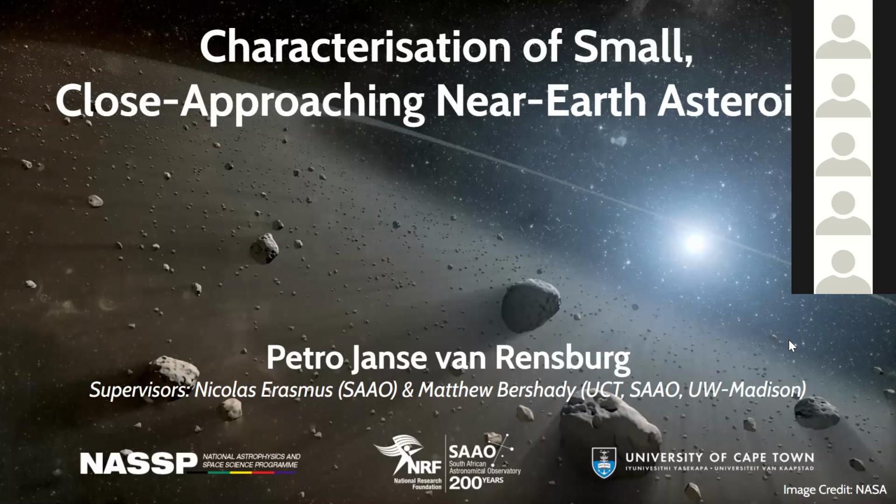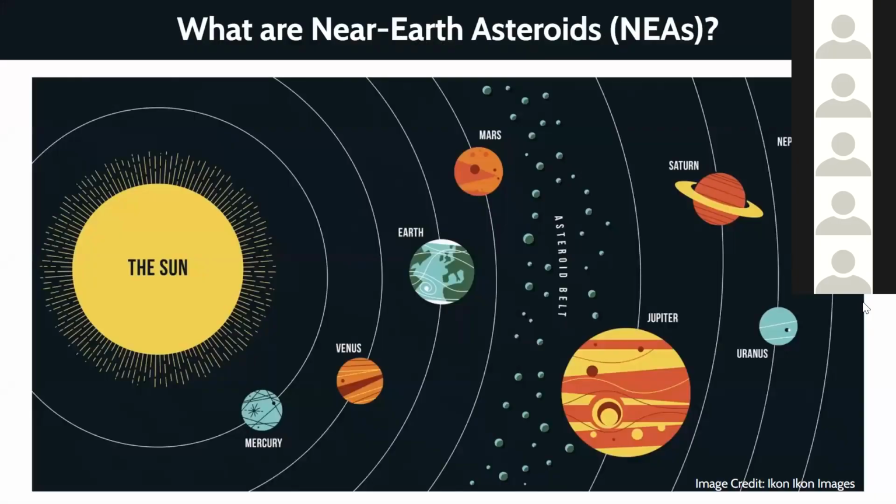So going to the basics, I'm sure we all know that in between the orbits of Mars and Jupiter, you get the asteroid belt. Now, asteroids in the asteroid belt get heated by the sun, and as they re-radiate that heat away, there's a small thrust that causes them to move in semi-major axis, meaning they move closer to the sun and away from the sun.